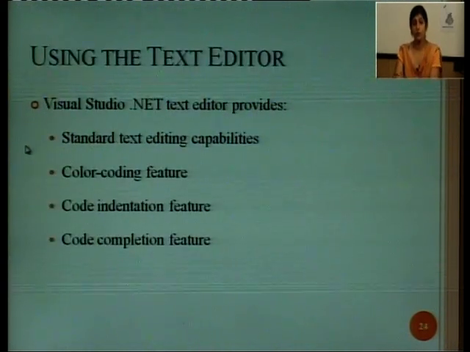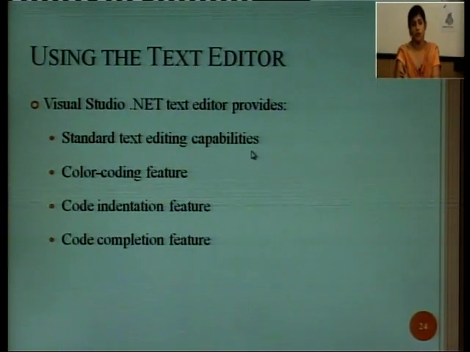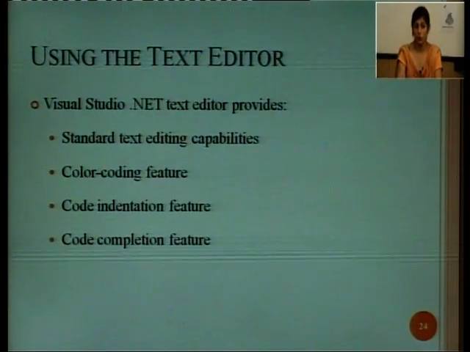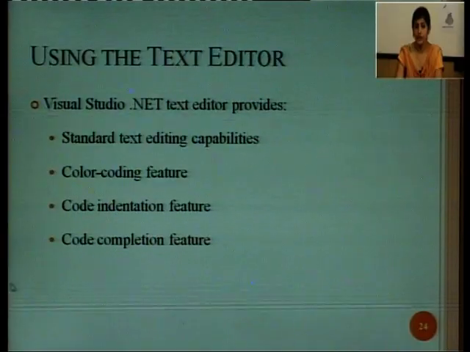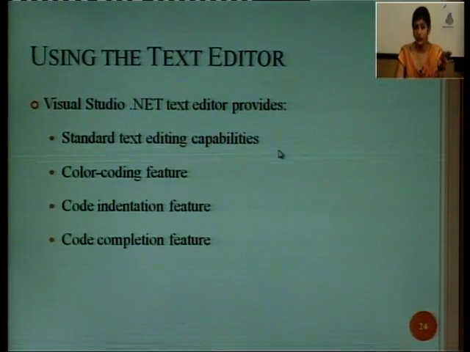Now, what facilities does the Visual Studio.NET text editor provide? Standard text editing capabilities. Now tell me, can you change the font size or font color in C or C++ language? No, VB.NET provides this facility. It has standard text editing capabilities inbuilt. In C and C++ there is no inbuilt facility.